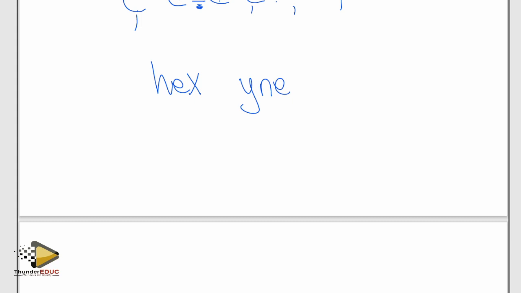But what is the position of this triple bond? It is 1, 2, 3, 4. I can't go with the 4 when there is 2, therefore I'm going to take that direction. I'm just starting with a simple one, but we're going to talk about the more complex ones. So it becomes hex-2-yne.